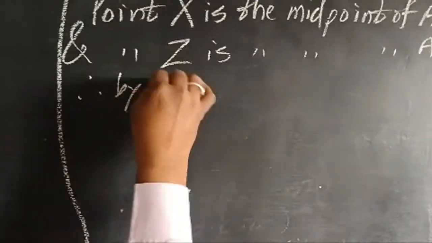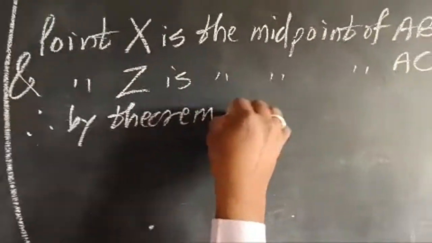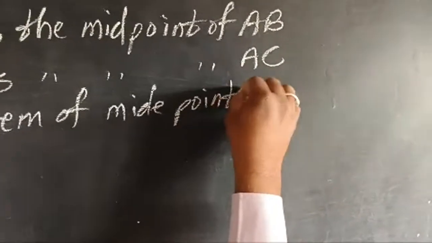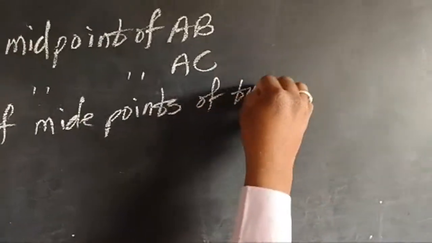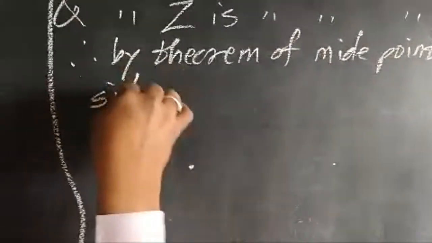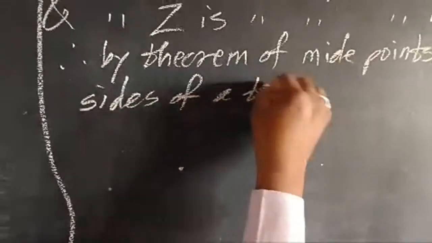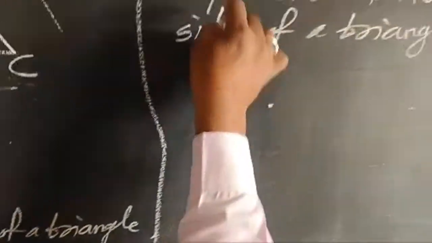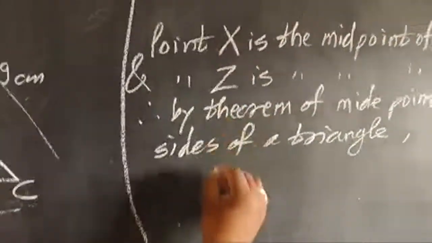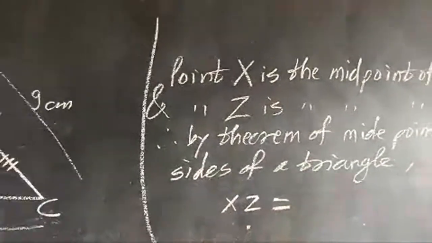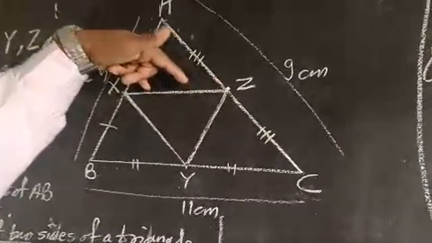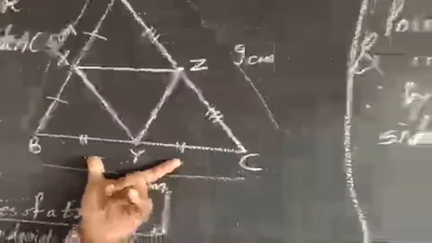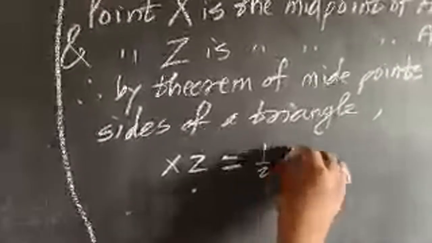therefore, by the theorem of midpoints of two sides of a triangle, the segment joining the midpoints, that is XZ, is half of BC.